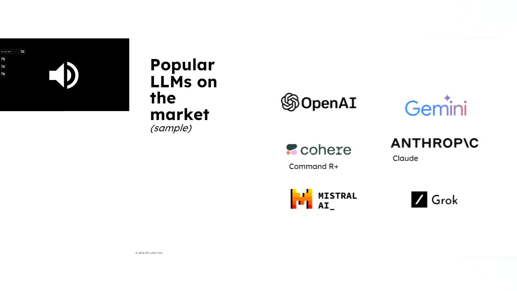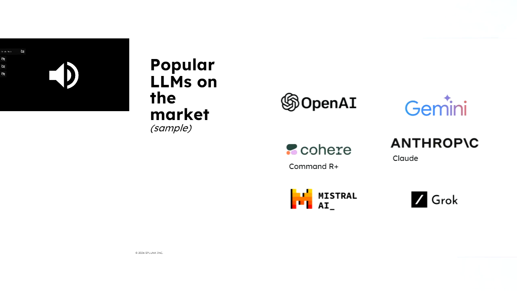So in terms of what's on the market, I'm sure everyone is familiar with ChatGPT and Gemini, which is from Google. All of these very large foundational models are really good for general purpose queries.